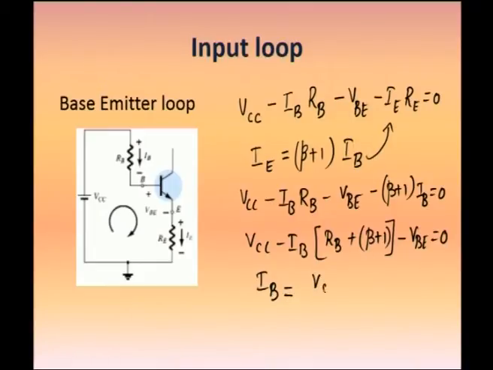IB is equal to VCC minus VBE divided by RB plus, here you must include RE, because for this part beta plus 1 IB is substituted and RE you have to write, so beta plus 1 into RE.